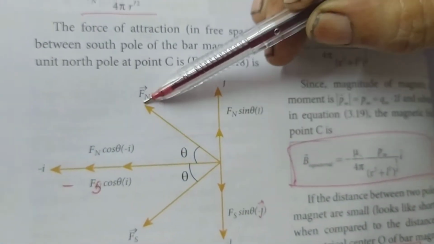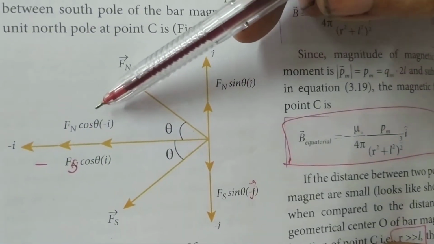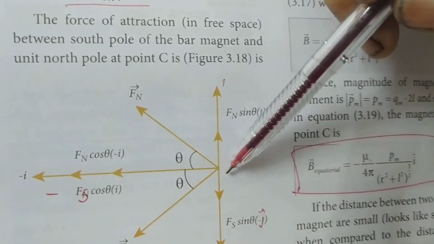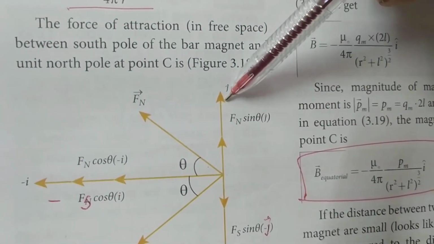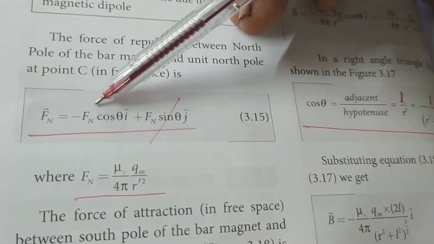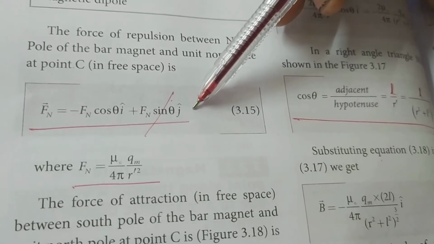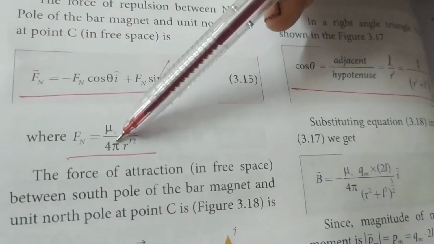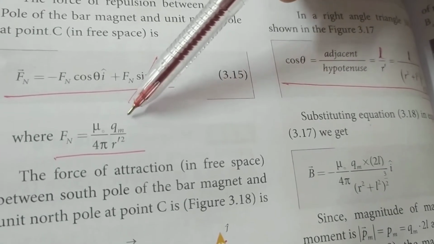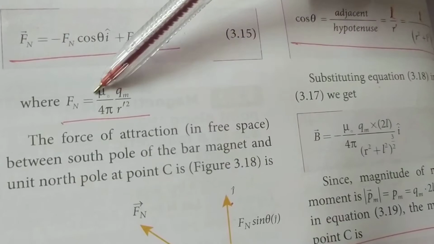This is the force due to the north pole, which is resolved into two components. This is Fn cos theta minus I cap, because this is acting in the minus direction. Here this is Fn sin theta j cap. So what is Fn vector now? Minus Fn cos theta I cap plus Fn sin theta j cap, and you already derived this. Fn is equal to mu naught by 4 pi into Qm divided by r dash square. This is the equation for Fn.